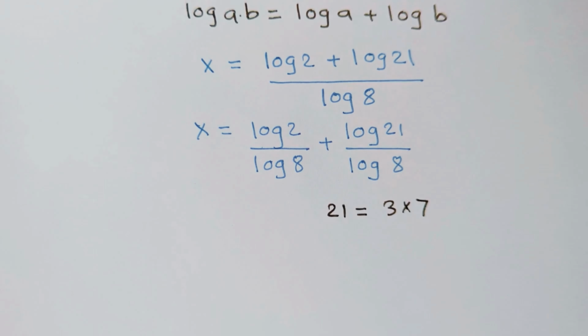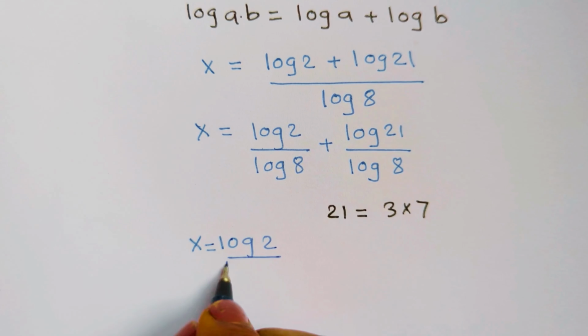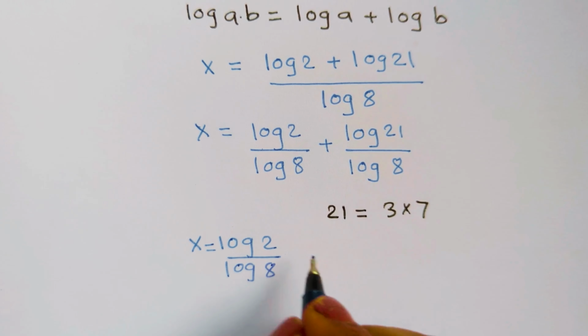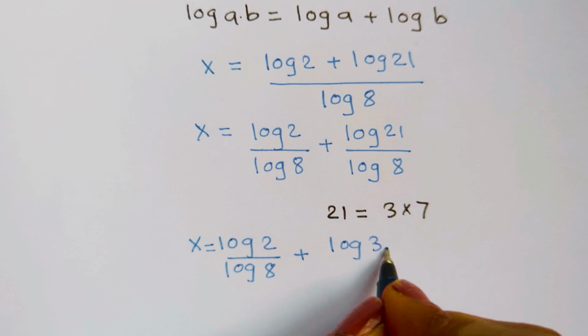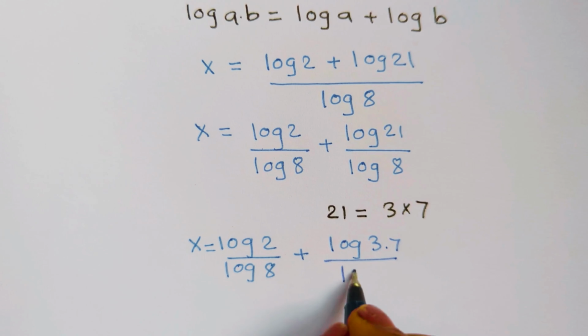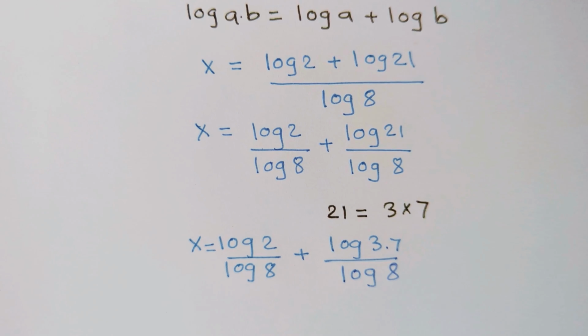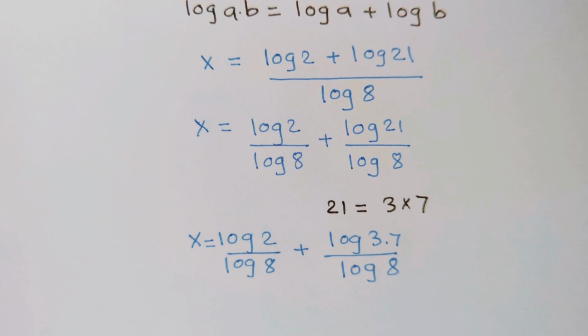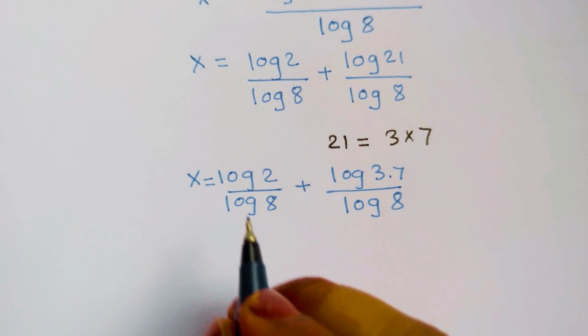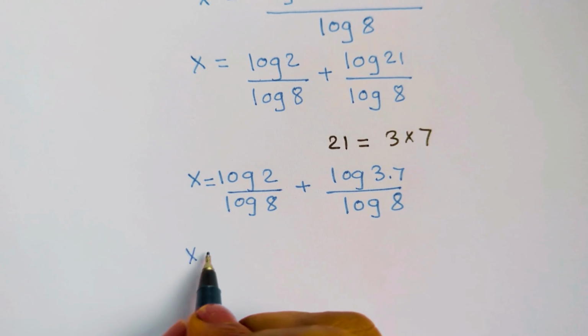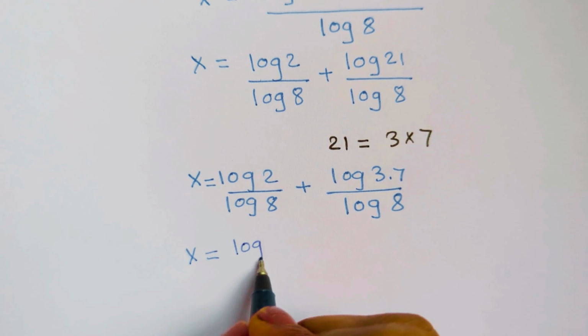So let's separate that: log (3 into 7) divided by log 8. Once again, we are going to use the same formula, log (a into b), which will be log a plus log b here as well.